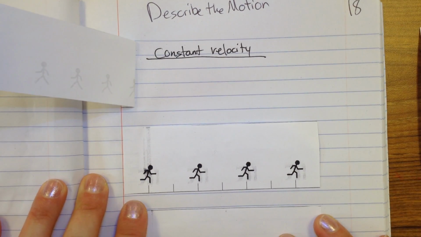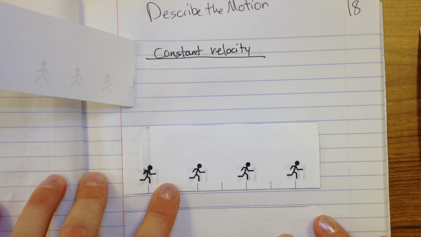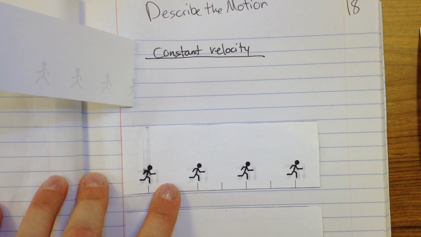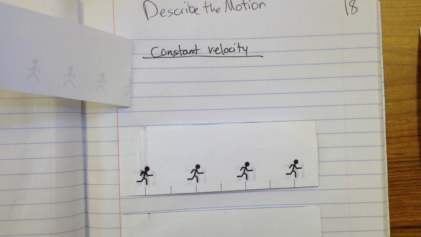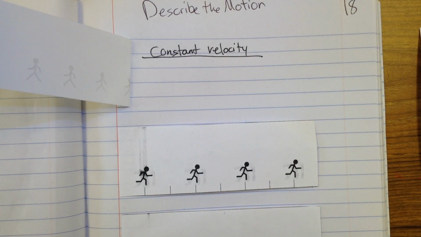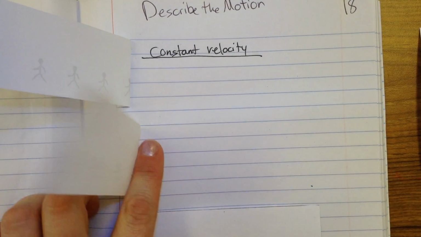Now, let's just skip ahead to the next one at this moment. How would you describe that motion? It is also constant velocity.